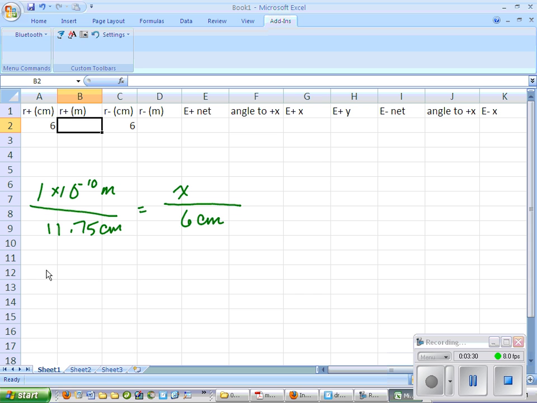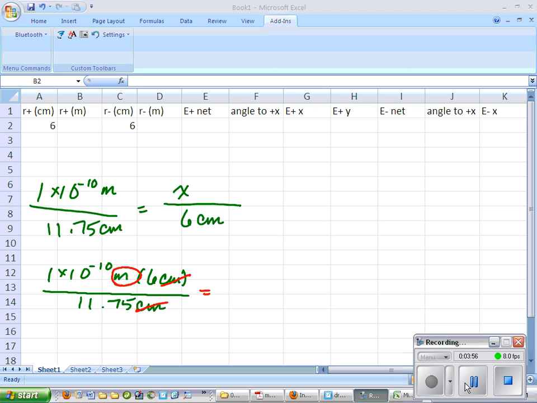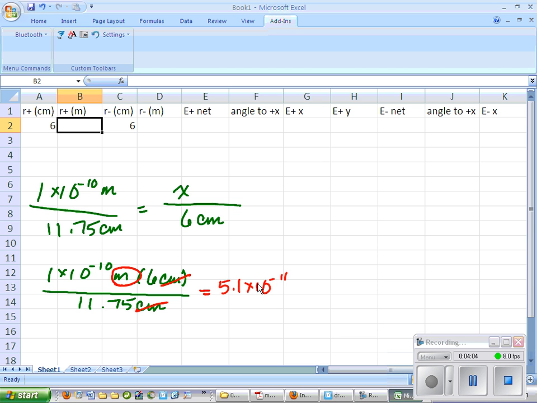So I get 1 times 10 to the negative 10th meters times 6 centimeters divided by 11.75 centimeters. My centimeters cross out, and I have meters left for my unit, and the answer is 5.1 times 10 to the negative 11 meters. So let me go ahead and put that into my spreadsheet.